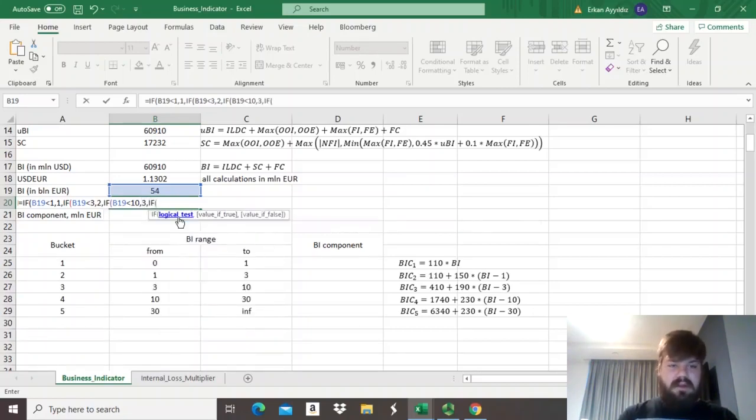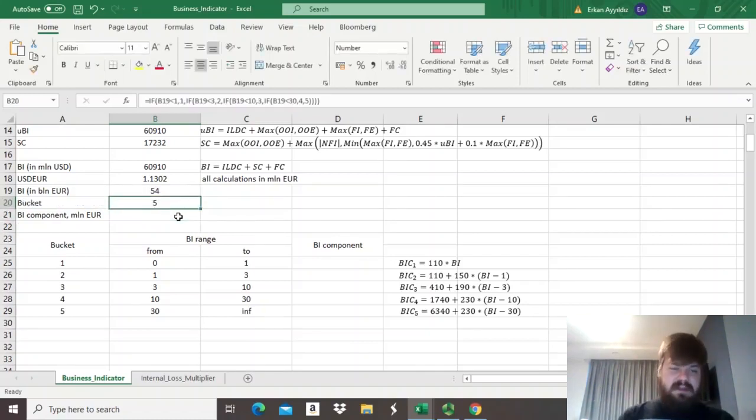If not, then if it's less than 30, it's bucket number 4. And if it's 30 or higher, then it's indeed bucket number 5. We close a bunch of parentheses and see that indeed the formula gives us the fifth bucket for HSBC, which shouldn't be surprising as HSBC is one of the largest banks in the world, and the fifth bucket has been designed to accommodate banks such as HSBC as well.